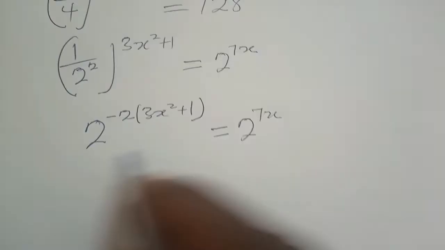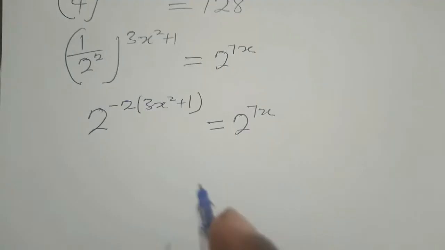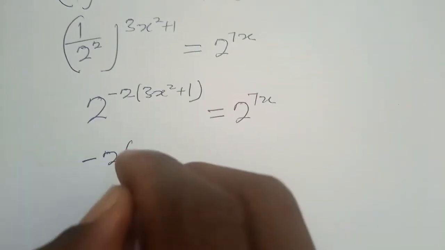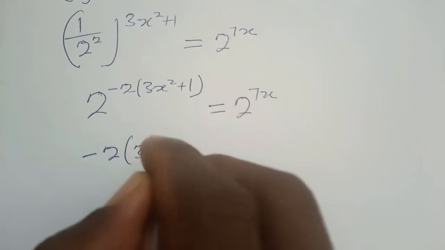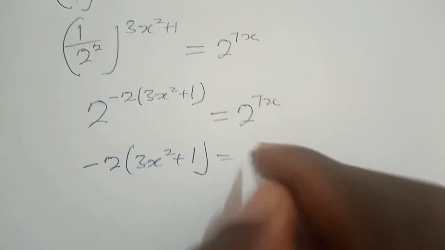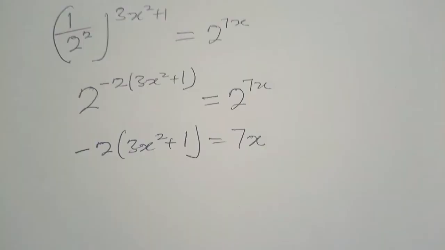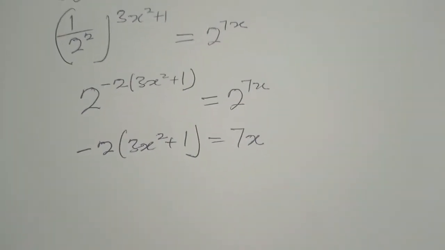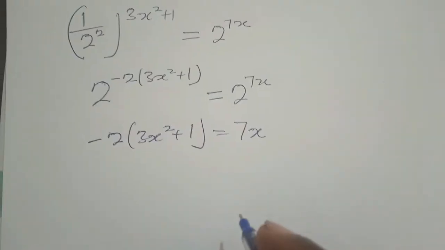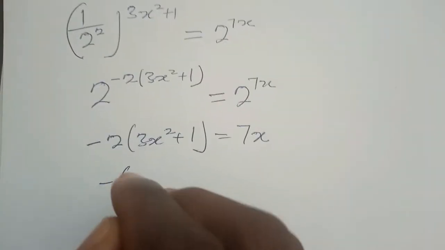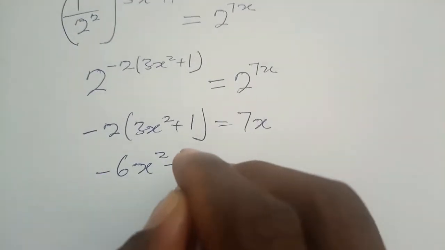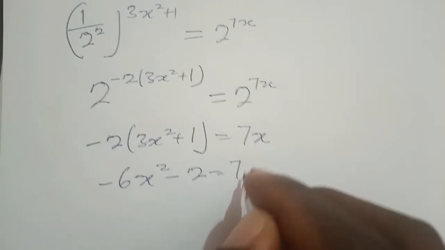Here the bases are the same, so we equate the exponents and we will get -2(3x² + 1) equal to 7x. We expand the left hand side to get -6x² - 2 = 7x.